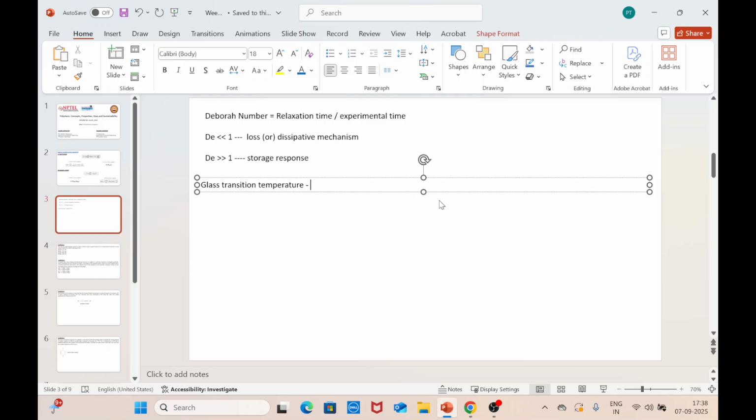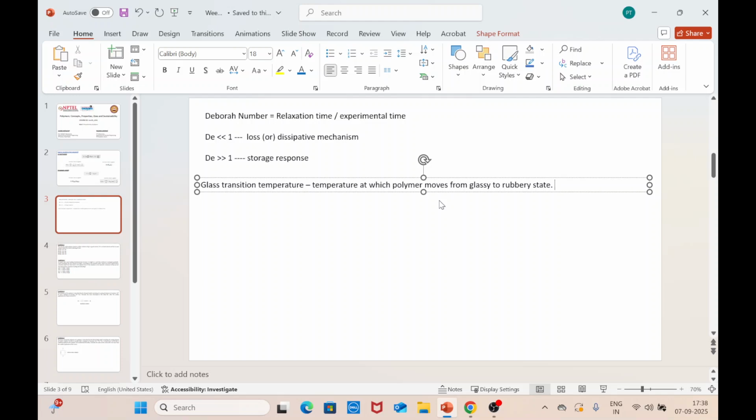I think everybody would know this. It is nothing but the transition temperature between the glassy state and the rubbery state, or the temperature at which the polymer moves from the glassy state to the rubbery state.